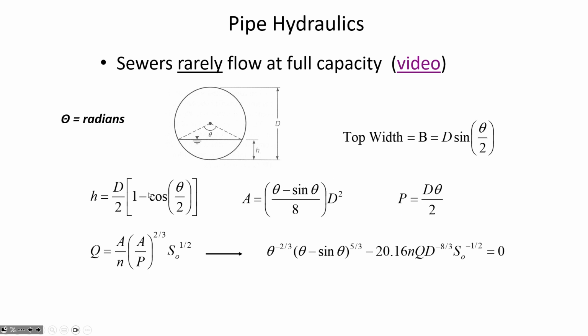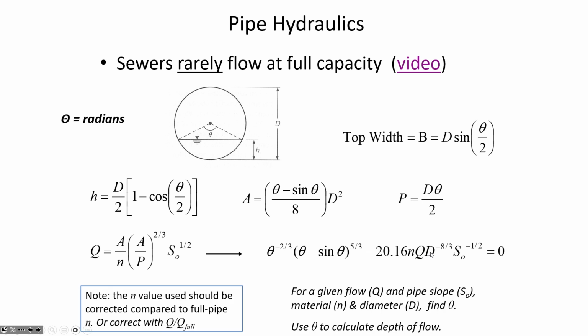If we put all of those into Manning's equation, so here's Manning's equation, and if you substitute in this for A in those locations, and if you substitute this for P, then we end up with an equation where we can find the relationship between flow rate, diameter, slope of the pipe, and the angle. Pretty complicated expression of Manning's equation, but we can make it work.